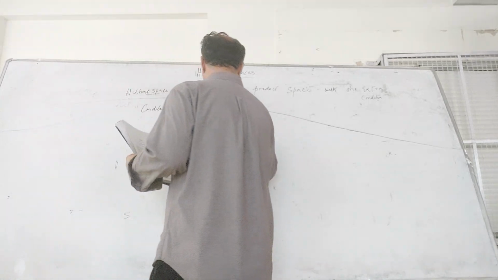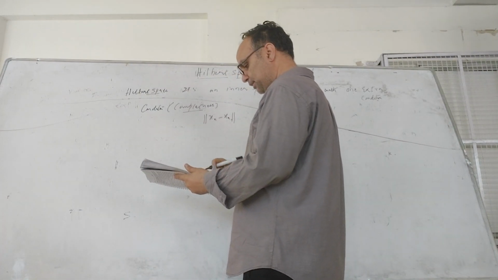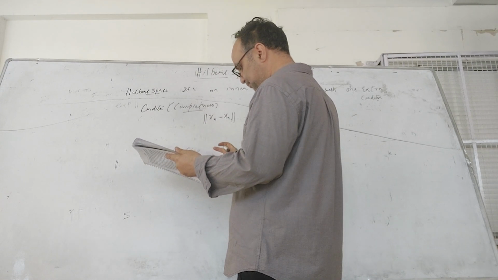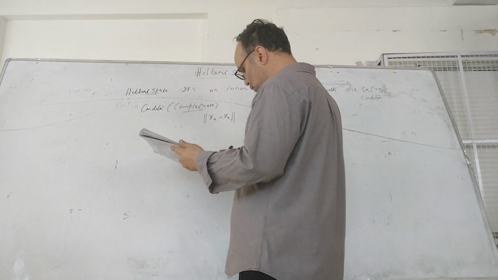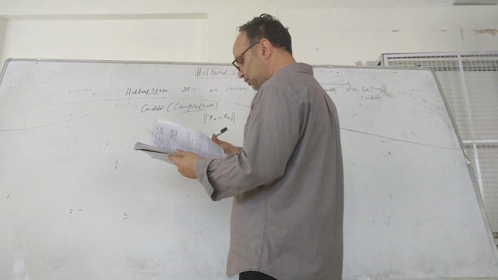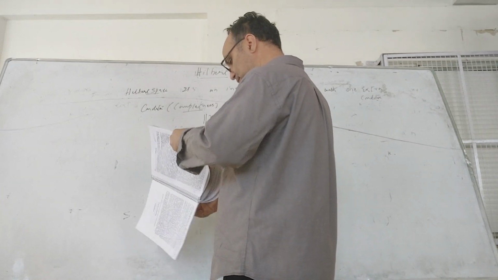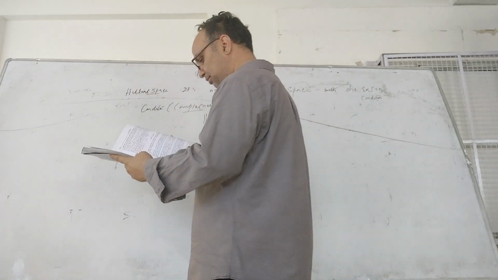How did we define a sequence in the previous class, and how did we define the convergence of a linear transformation?